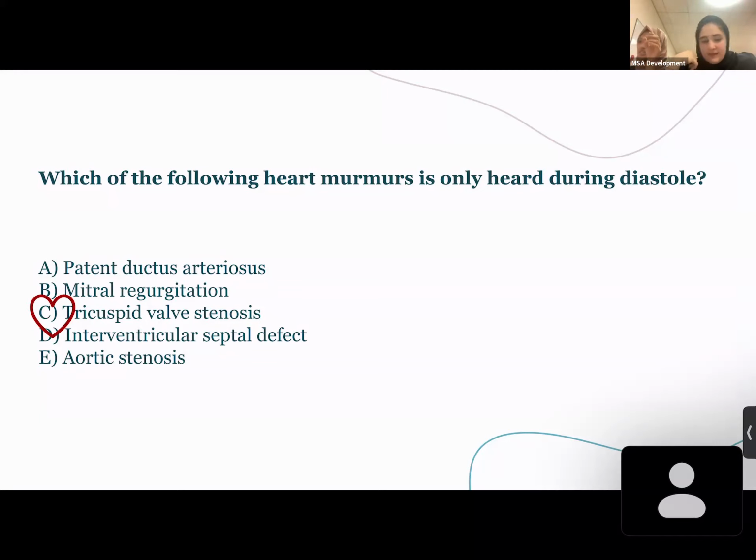They're in different locations. So when you auscultate on the heart, this is extra info, I don't think you need it, I think it's too early for you. But when you have ventricular septal defect, which is a hole in the ventricle, you'll hear it throughout the cardiac cycle, but on the left sternum, so the left side of the sternum.